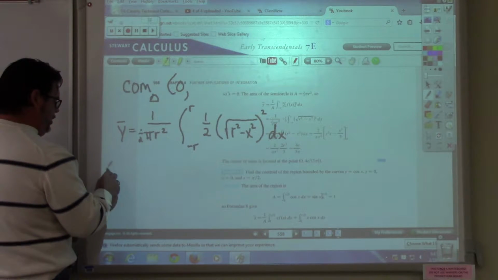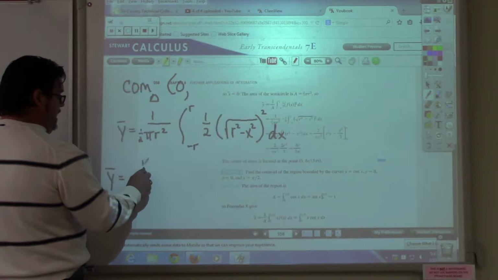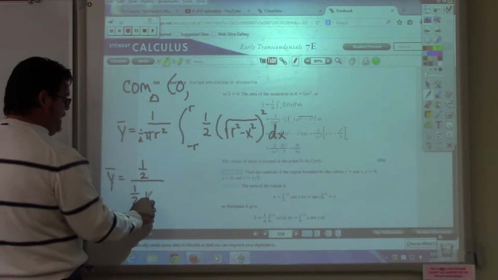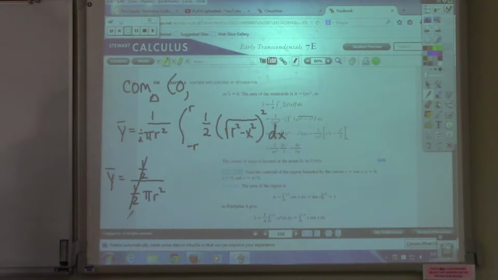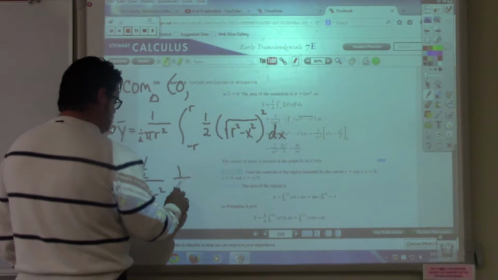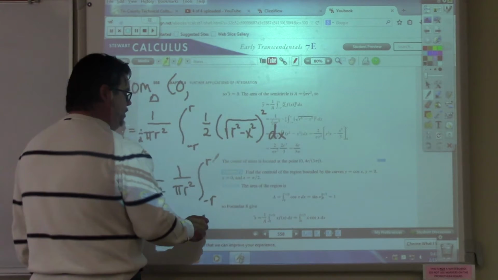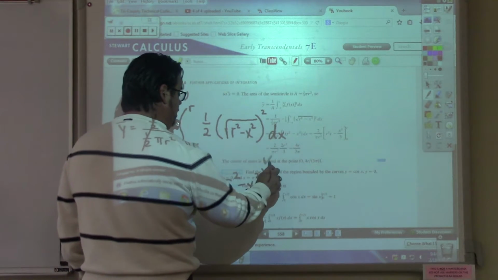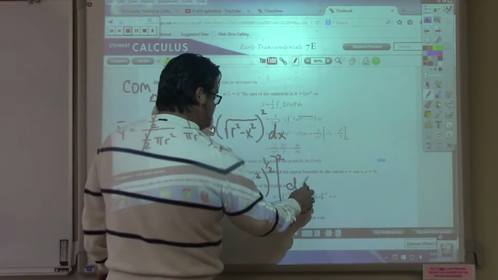So y bar is equal to, let's see, 1/2 over 1/2 pi r squared, and the 1/2 do what? They cancel. So that leaves us with 1 over pi r squared times the antiderivative from negative r to r of r squared minus x squared to the 1/2 power raised to the second power dx.